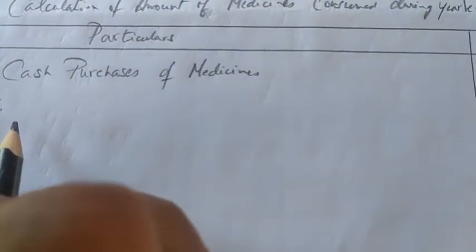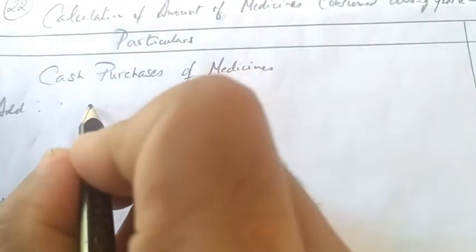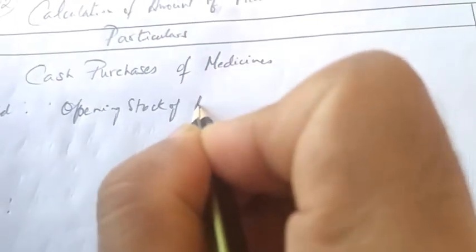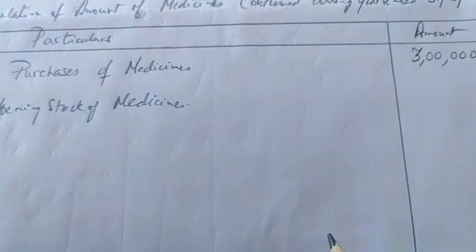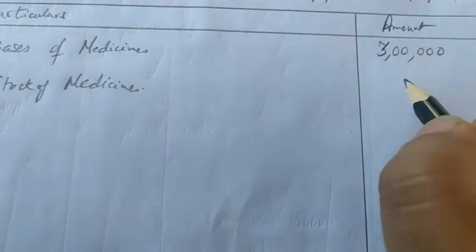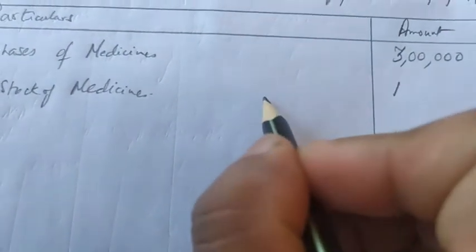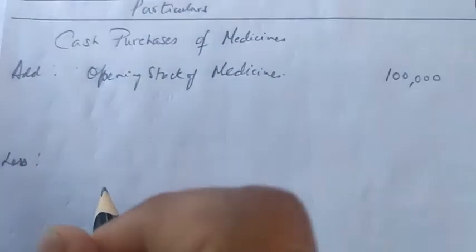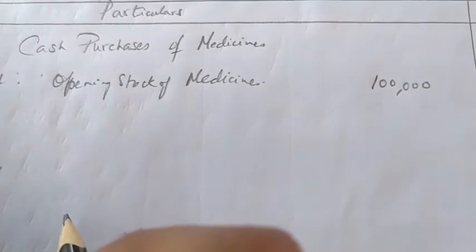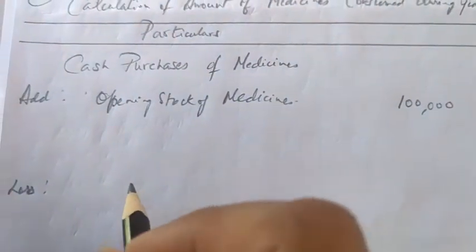With this we'll be adding opening stock of medicines. The opening stock of medicines, which is amounting to 1 lakh. Okay, I'll write these in the inner column. Opening creditors for medicine should be deducted.